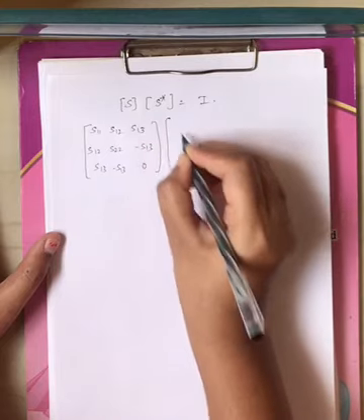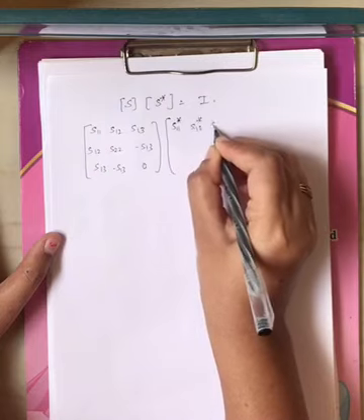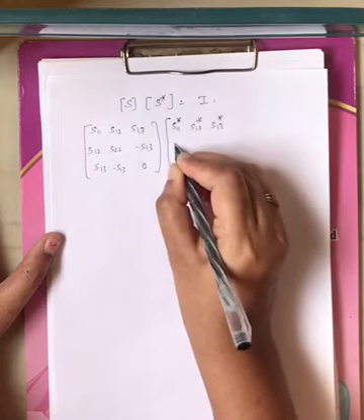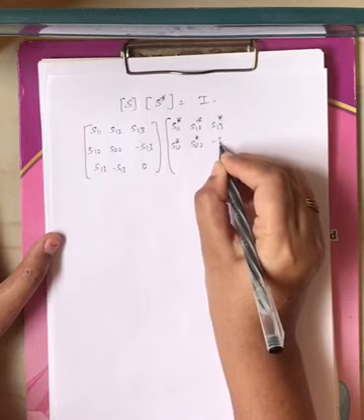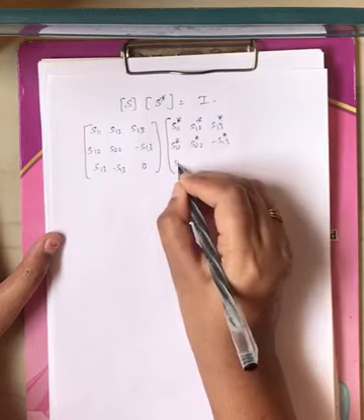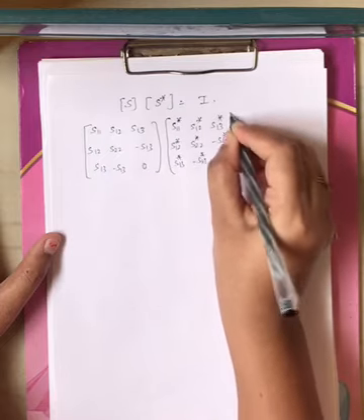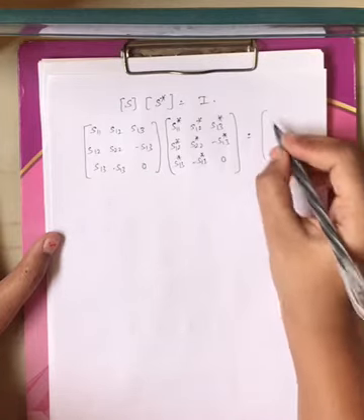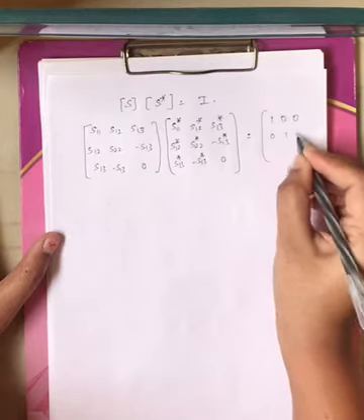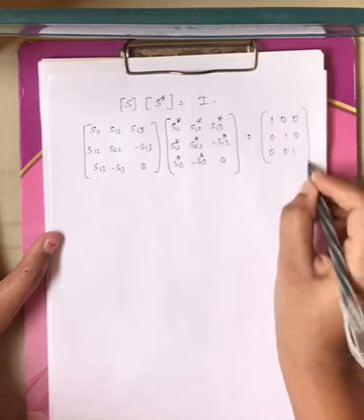Now into its conjugate, that is S11 conjugate, S12 conjugate, S13 conjugate; S12 conjugate, S22 conjugate, minus S13 conjugate; S13 conjugate, minus S13 conjugate, 0. Now S into S conjugate equals the identity matrix of order 3 by 3: 1 0 0, 0 1 0, 0 0 1, right?